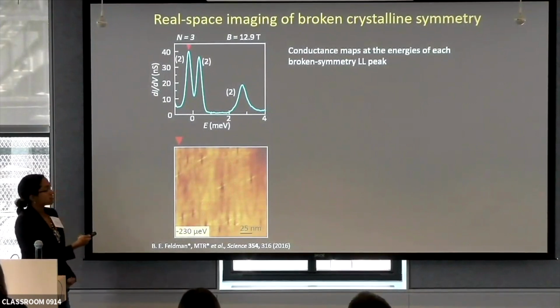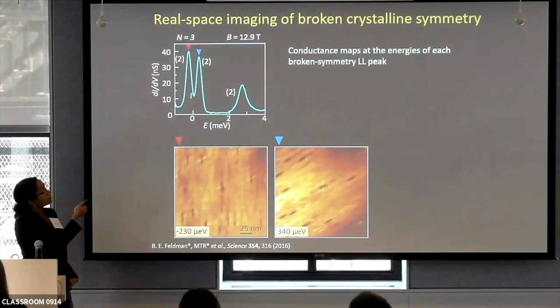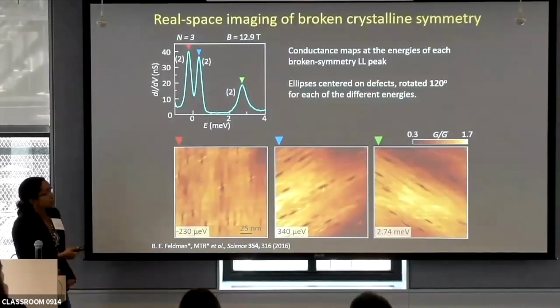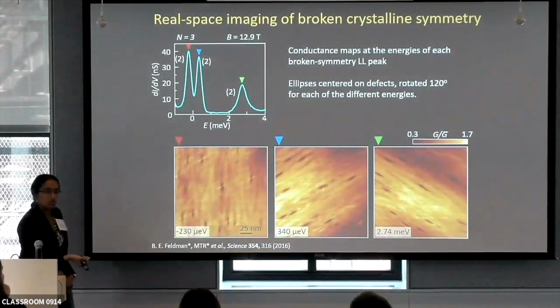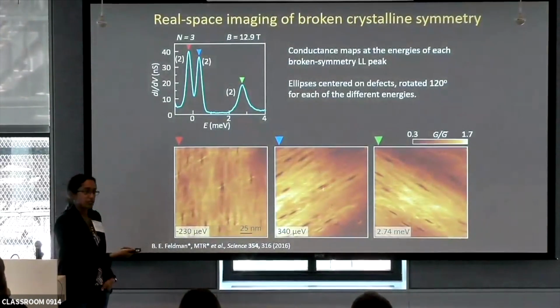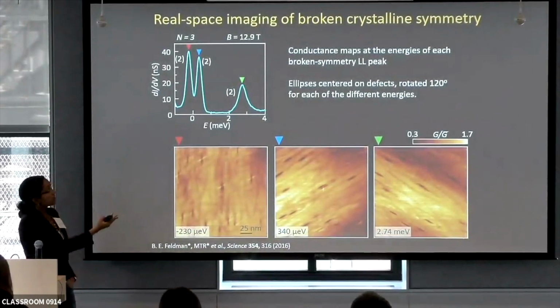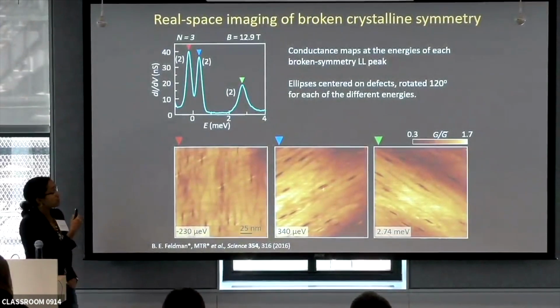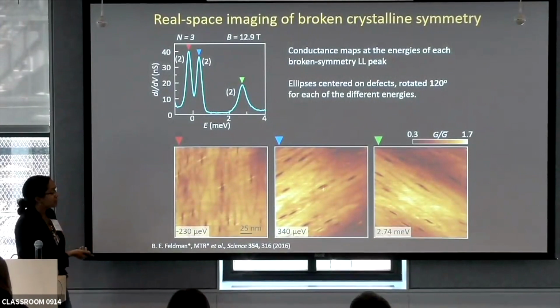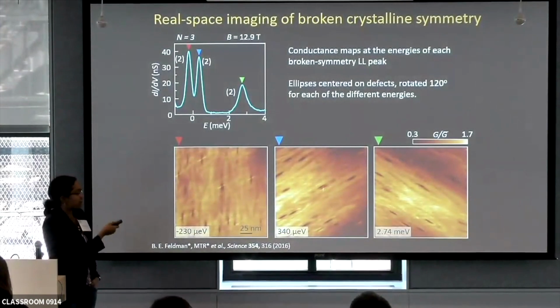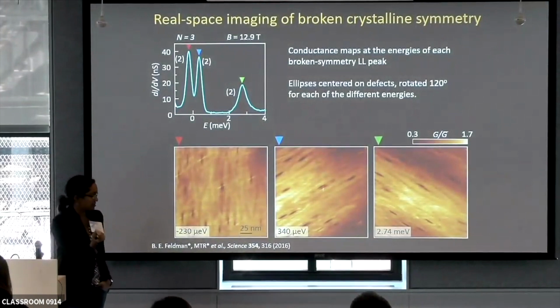Now, if we take measurements in the same area of the sample, but at these different energies of the other peaks here, we can see that these ellipses now are diagonally rotated with 120 degrees with respect to one another at each of these 3 energies. And so these ellipses are images of individual Landau level wave functions that are centered on defects.